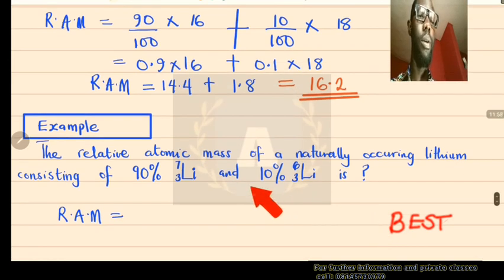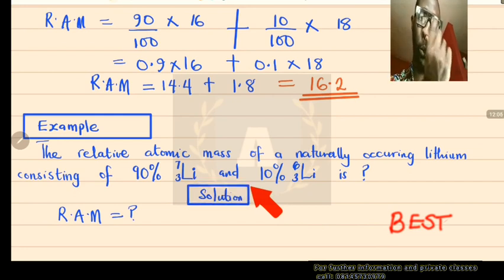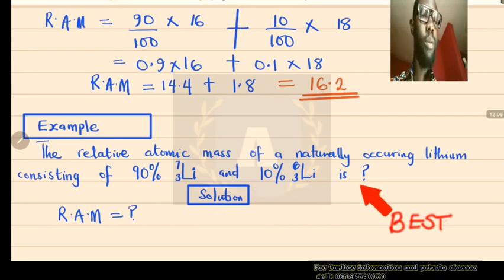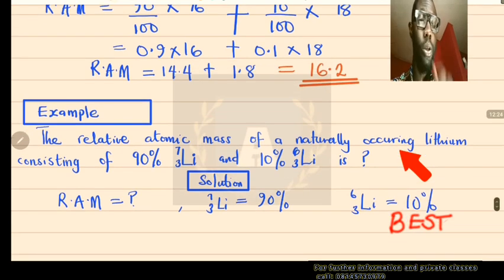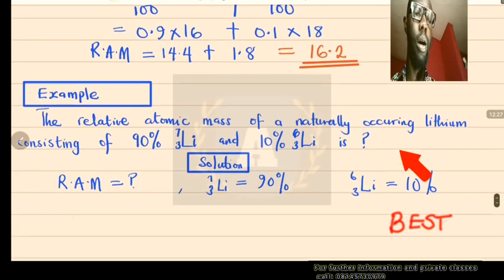So now, solution, I have to write solution to separate it from the question. The percentage by mass of lithium-7 has been given to be 90%, and lithium-6, its own percentage has been given to be 10%. So you are asked to calculate the R.A.M.